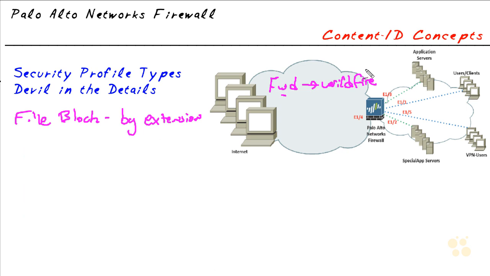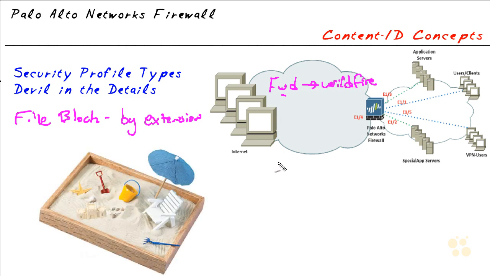And yes, there's probably a bad country song about that one too. But WildFire, and we need to know this from a normal point of view and specifically from a lab point of view, is Palo Alto's cloud-based sandbox. Okay, it's probably the easiest way to describe that. So WildFire really is a virtual sandbox environment.